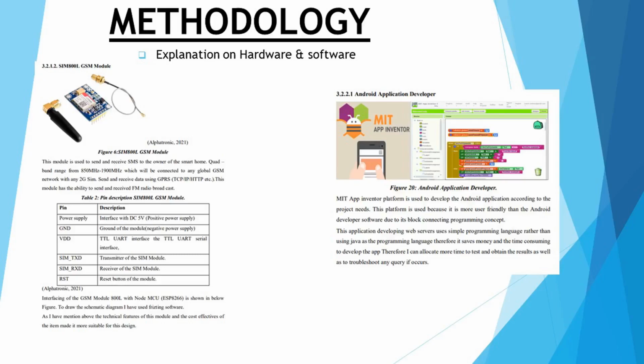If you are using a particular electronic module, you have to write the technical name of it, then include a picture, then give a figure name. If you got this picture from somewhere else, you can add a citation for it. Then just give a brief introduction.